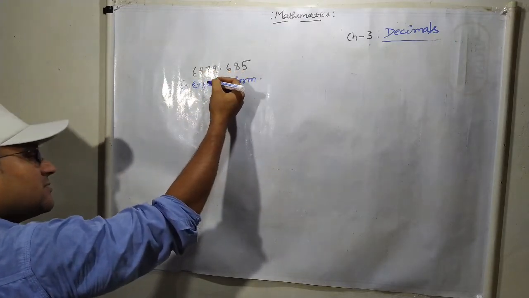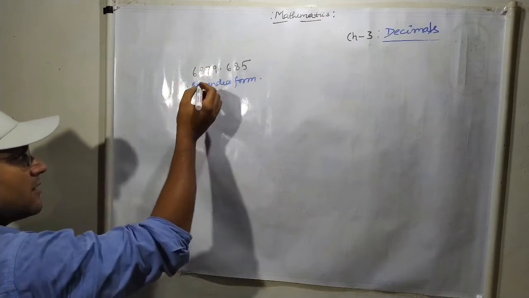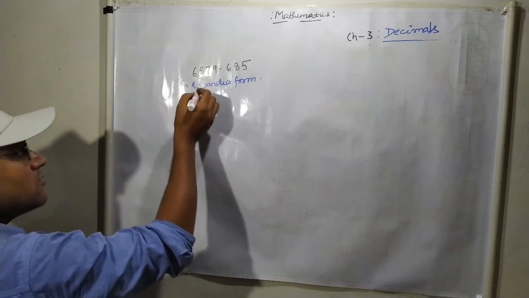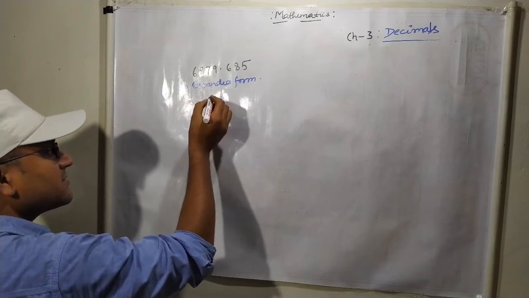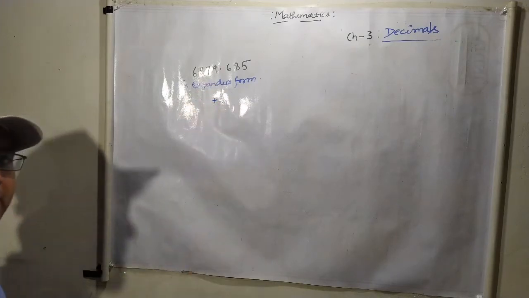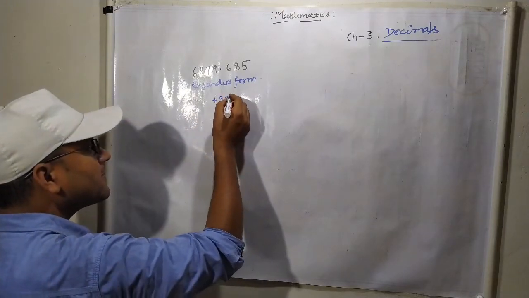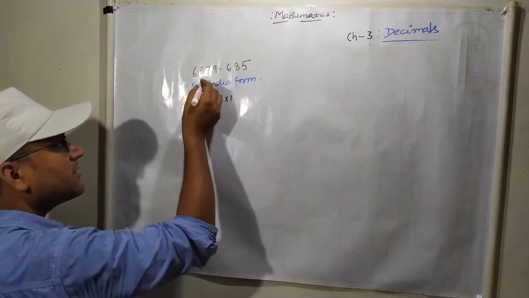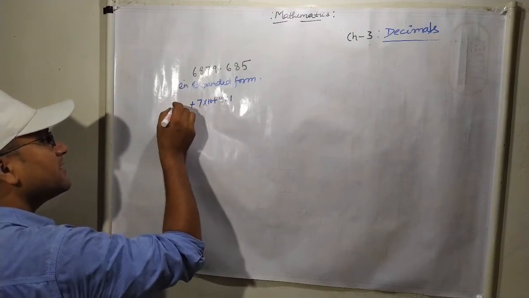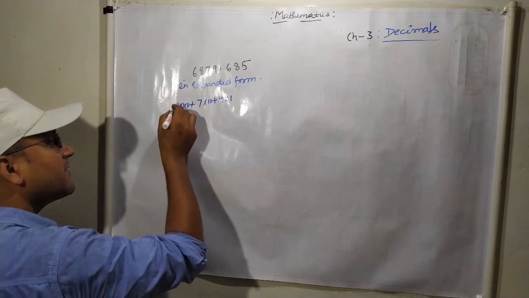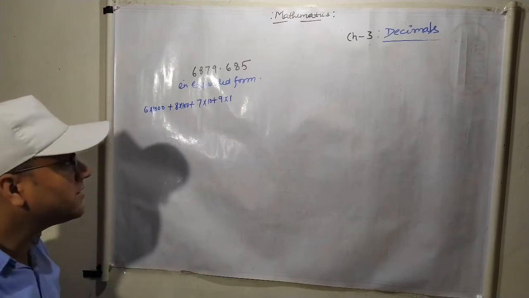Moving right to left before this decimal, it is multiplied by 10, 10, 10. So this is 9 multiplied by 1, plus 7 multiplied by 10, plus 8 multiplied by 10 into 10, that is 100, and 6 multiplied by 10 into 10 into 10, that means 1000.